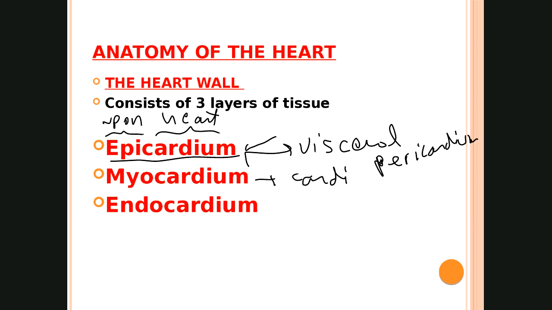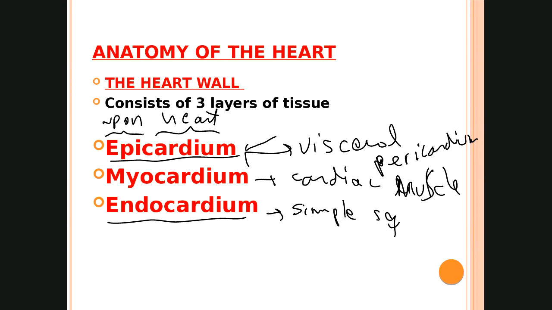And then lining the heart chambers is the endocardium, which is a thin membrane of simple squamous epithelial tissue. Very much the same as the mesothelium, which lines the blood vessel. So this is simple squamous epithelial tissue.